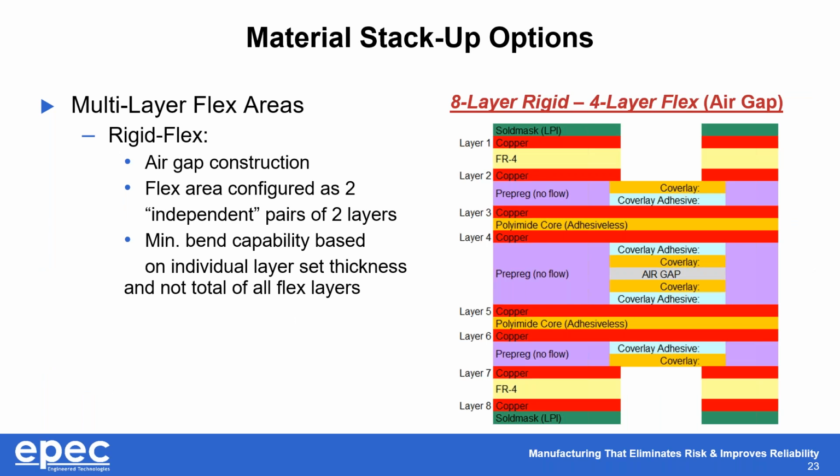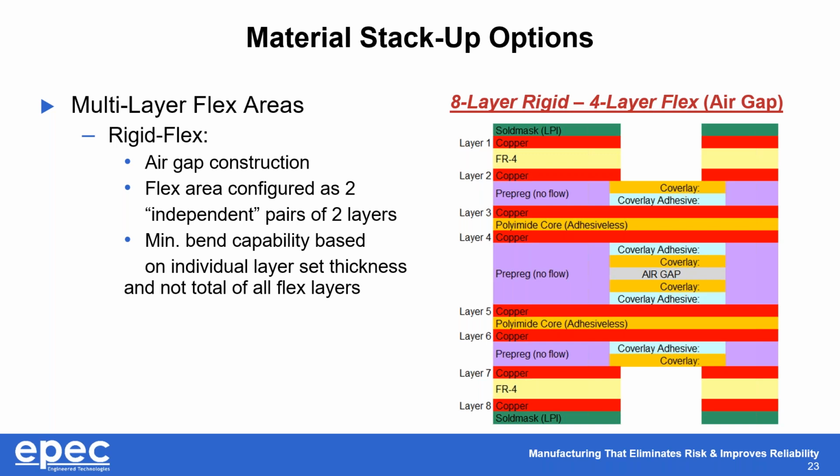Another element is the actual stack-up, how the part is constructed. This is a very common solution. It does have some limitations, but it's extremely commonly used. In this example, we're looking at an 8-layer design that actually has 4 layers of flex circuit.